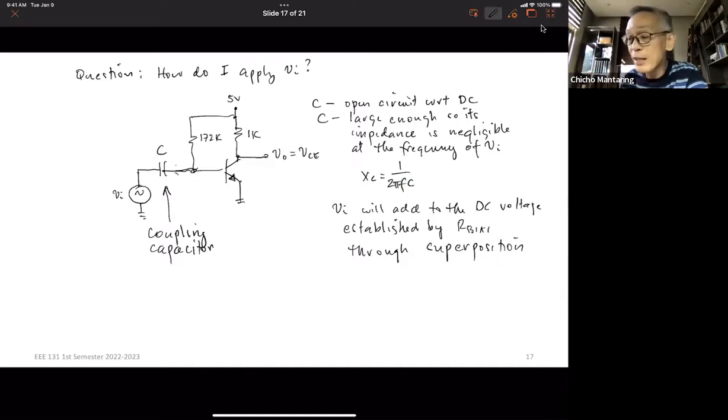So it's a balancing act determining the value of C. For the meantime, we will just assume that this C is an open circuit with respect to DC and a short circuit with respect to vi. That's all you have to learn at this point in time.